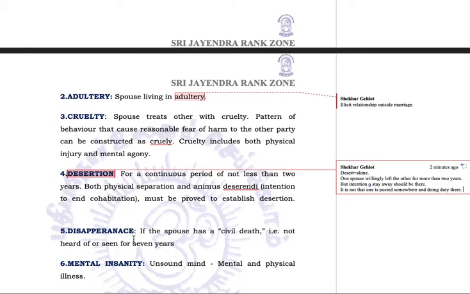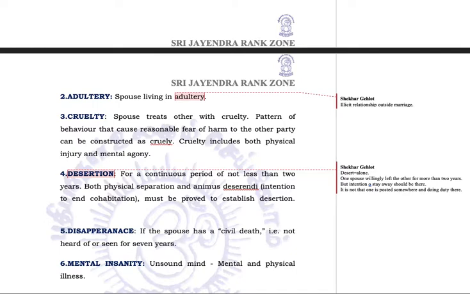Disappearance: you have become invisible. If one spouse has a civil death, someone has died in a civil manner, that means not been heard of or seen for 7 years. Someone went away, now there is no communication. Nobody knows where the other person is, and it is like this for 7 years. Then the law presumes that such person has died. No relative has any information about the person.